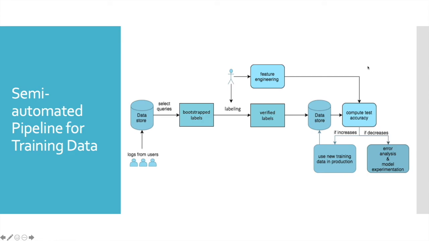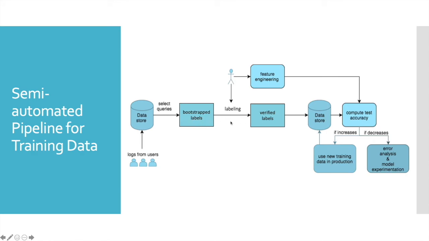In order to do active learning on a regular basis, you can build out a semi-automated pipeline. So once logs make it to that more persistent data store, you can select queries using your active learning technique. You can then bootstrap these queries based off of your current models to get some labels.